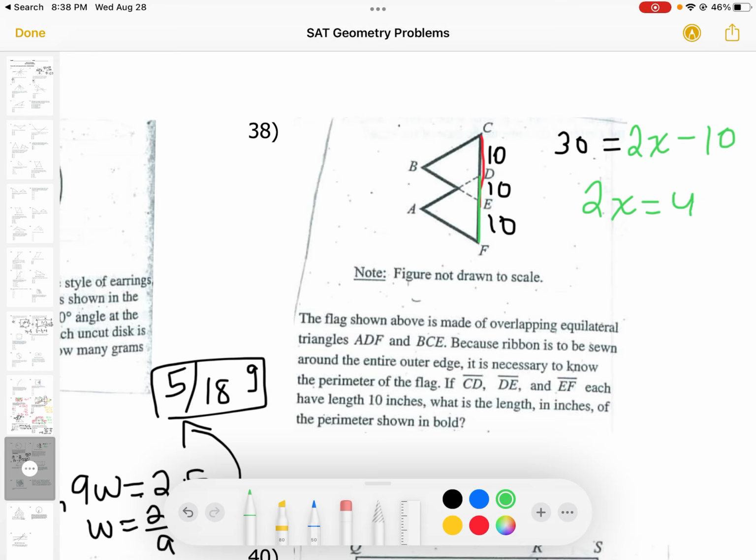So we get 2x equals 40, x equals 20. So we know the side length of an equilateral triangle is 20. So we can start labeling sides. This is 20. This is 20. We know CF is 30.